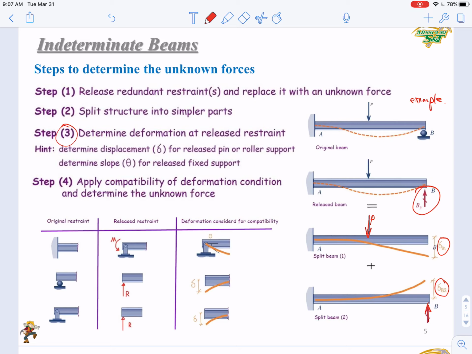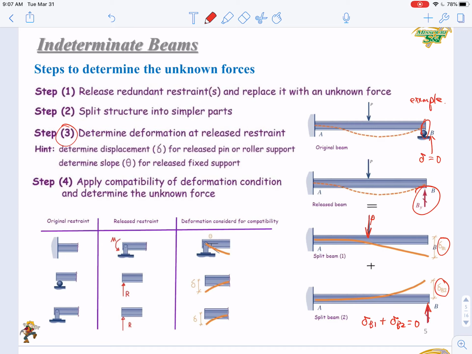Well, this is our boundary condition, roller support, meaning that at this point, the overall deflection will always be 0, right? Delta equals 0. So in this case, you will have delta B1 plus delta B2 equals 0. So this is the compatibility equation. So based on this, we can solve the reaction forces.